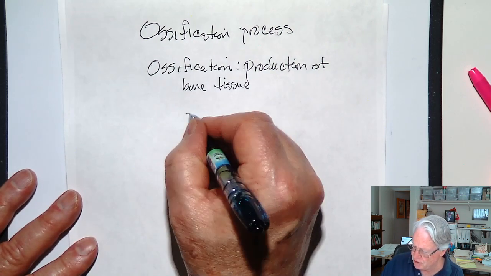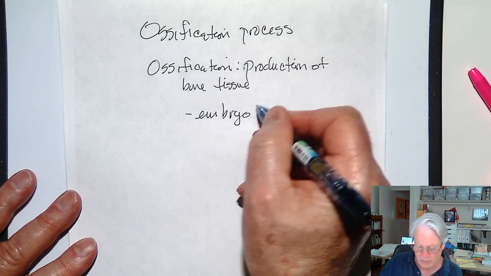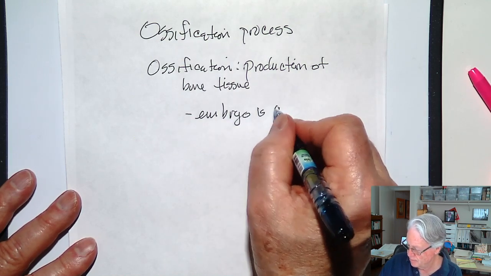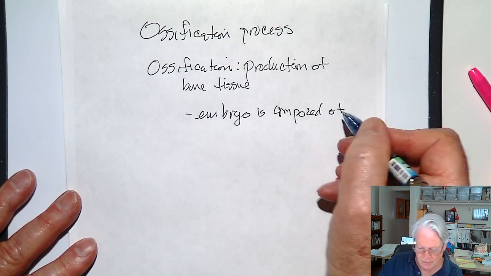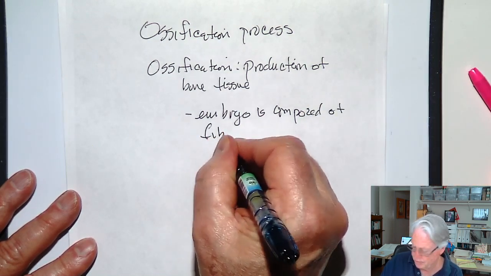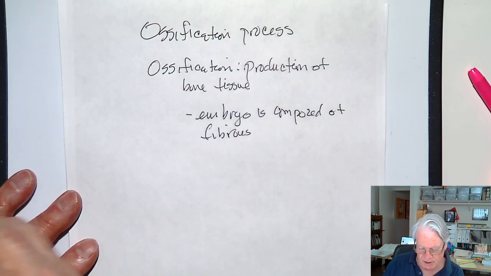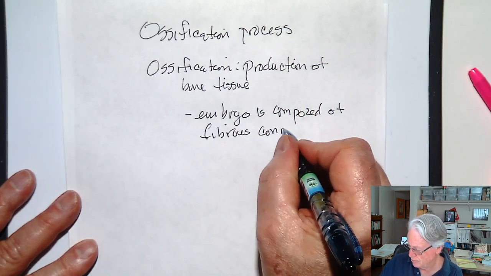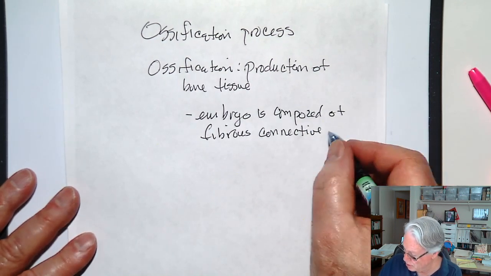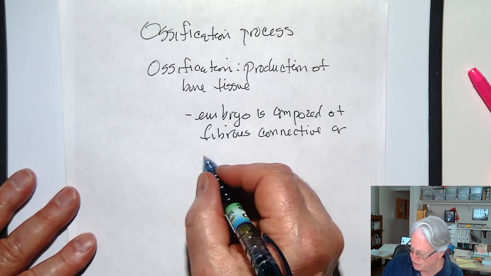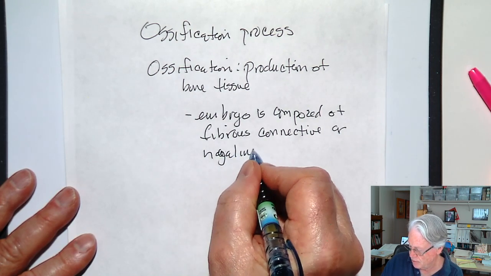So typically what you're going to find is that the embryo is composed of fibrous connective tissue, or hyaline cartilage, depending on what pattern of development you're going to have.